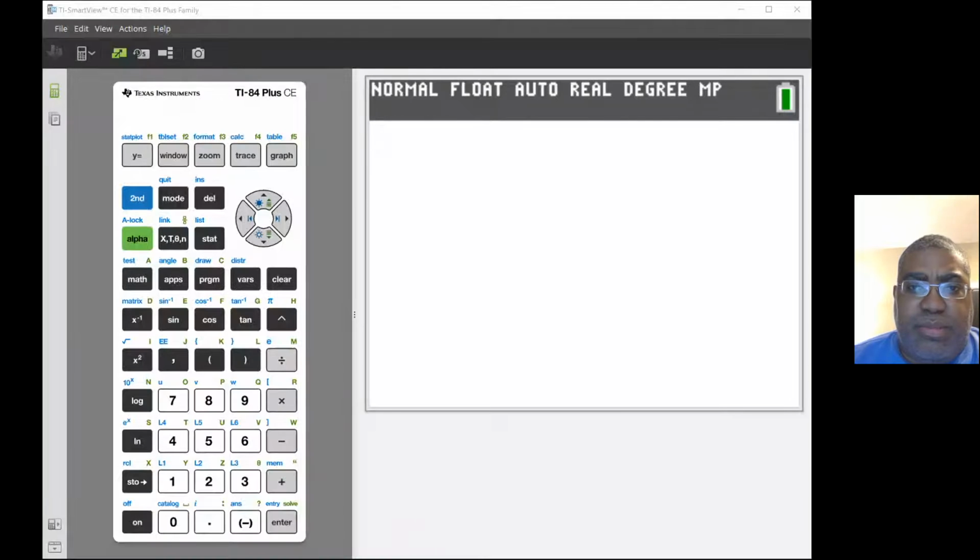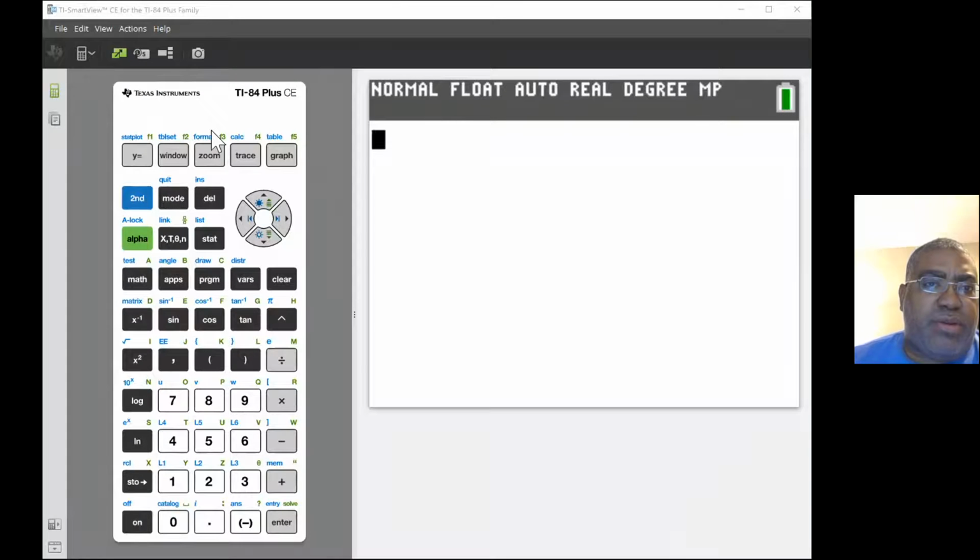Stop sharing. I'm sure there's an easier way to do this. Okay, so this is some calculator software I found, and this is an emulator of the TI-84 Plus. So this is what we have here.